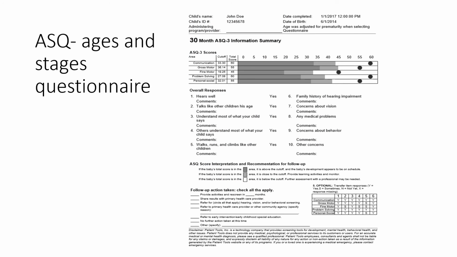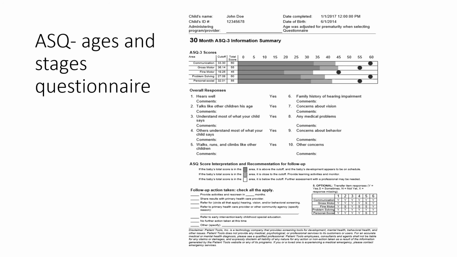And then there's an Ages and Stages Questionnaire that's completed periodically during well-child visits as well. This is just the tail end of this screening. It's another tool that's given to the parents where they fill out questions about their children's communication, gross motor, fine motor, problem solving, and personal social skills, and then you grade it for them.